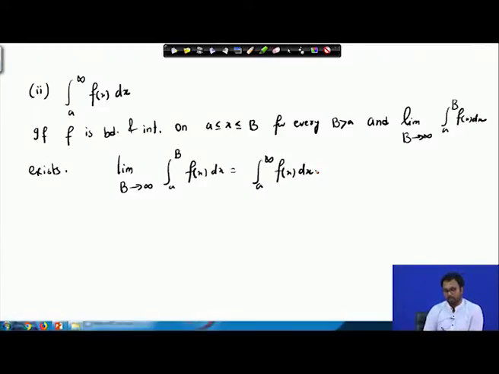So, it follows pretty much the same pattern as definition 1.